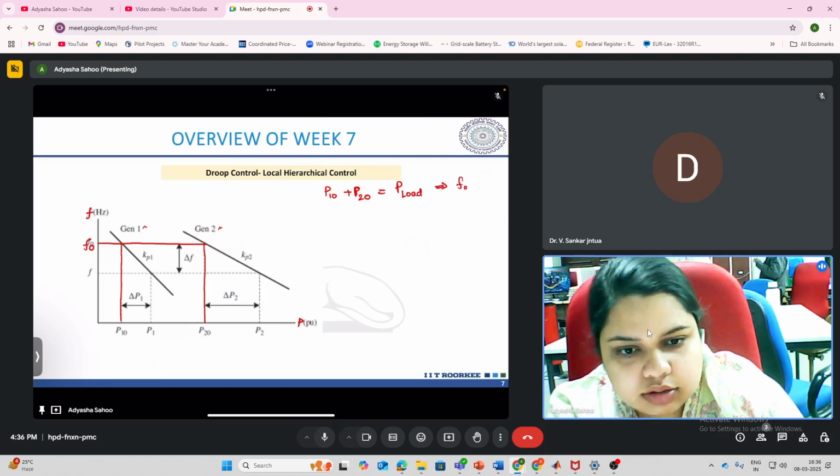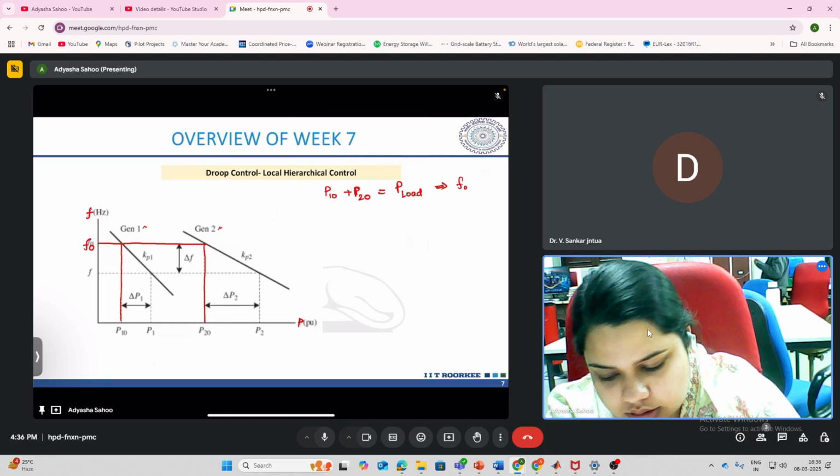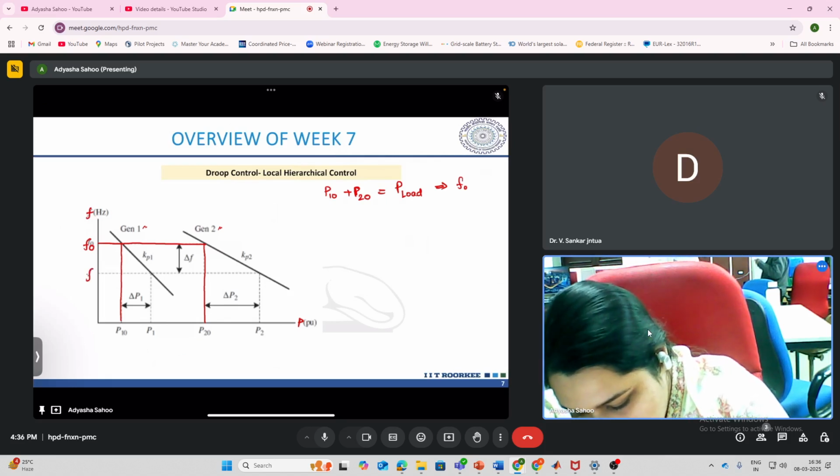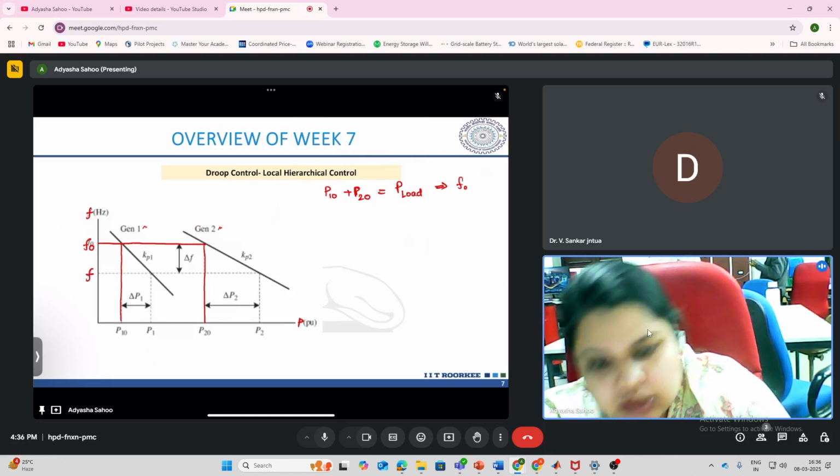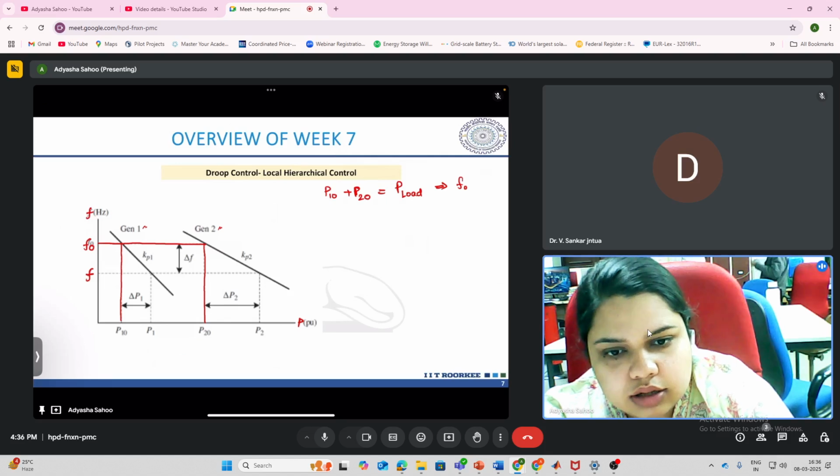Now let's say there is a disturbance delta P. Can you tell me, if the frequency changes from f naught to f, whether there is an increase in load or decrease in load by looking at this curve?